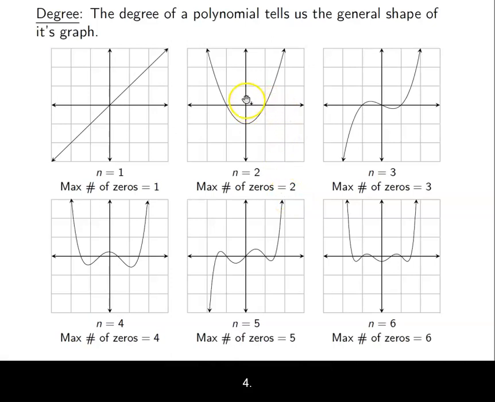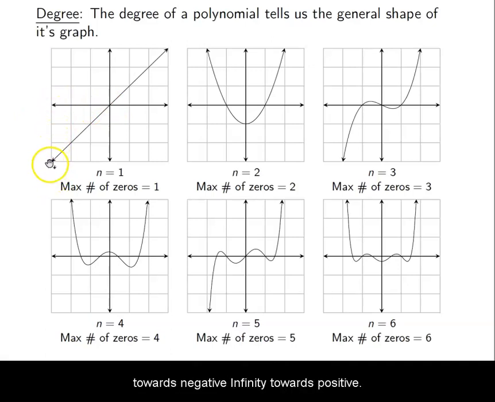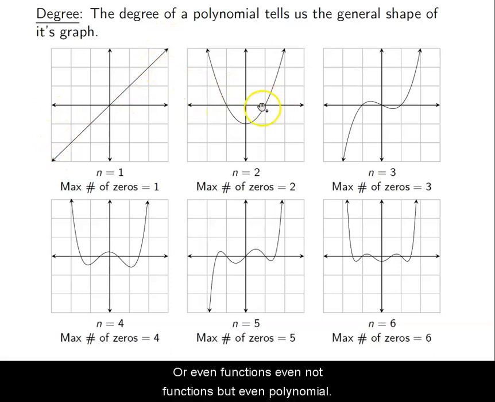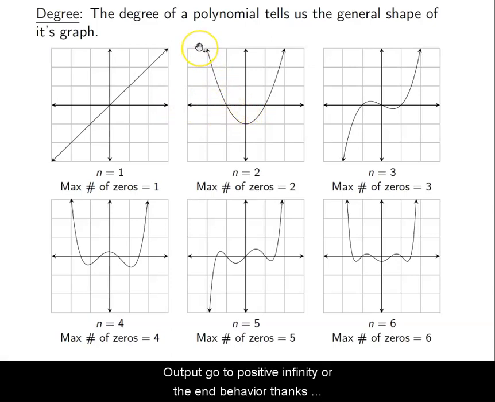For odd degrees, as x gets large, the function gets large. As x gets very negative, large in the negative direction, the output becomes large in the negative direction, towards negative infinity, towards positive infinity. For even polynomials, as x gets large, the outputs go to infinity. As the inputs go towards negative infinity, the outputs go to positive infinity.